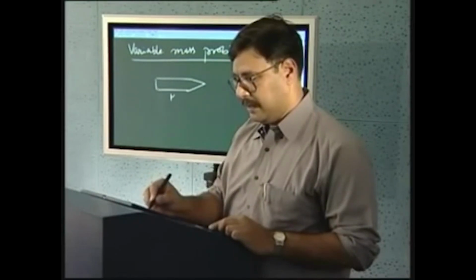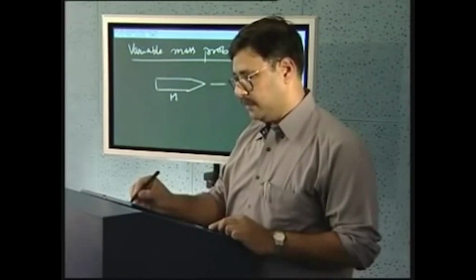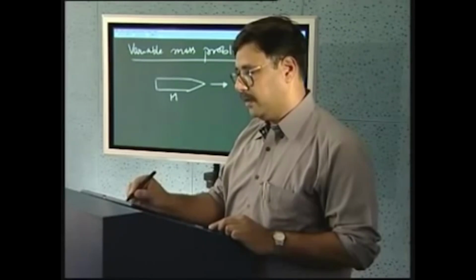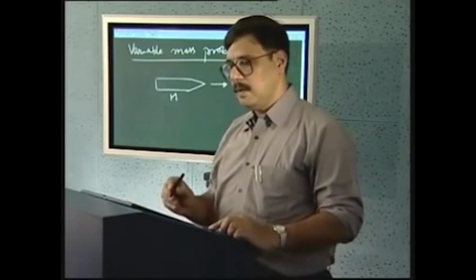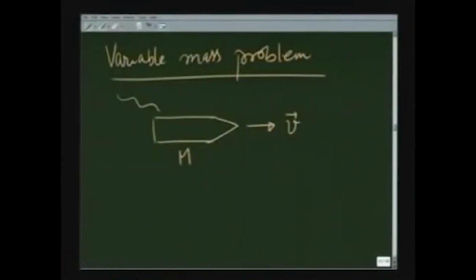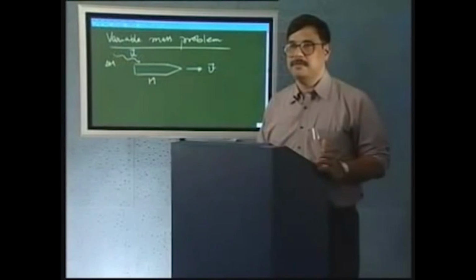a mass m, which is initially moving with velocity v, and onto this I add a mass delta m, which was coming in with velocity u. If this is in outer space, there will be no external force on the system. If this is on Earth or some other planet, there will be a gravitational force on the system.